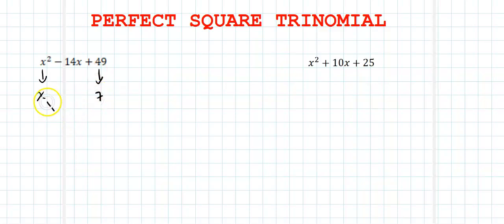If we multiply the two square roots by 2, the product is 14 times x. That is the second term.